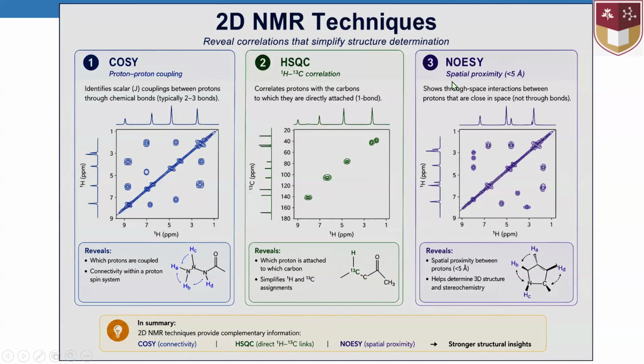And another one is NOESY. It shows through-space interaction between protons that are close in space, not through bonds. So it can tell us about the properties that could link with the molecular dynamics properties of those compounds.